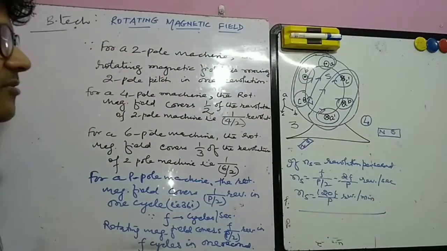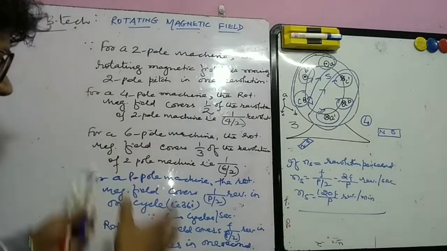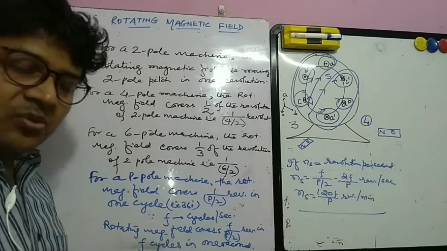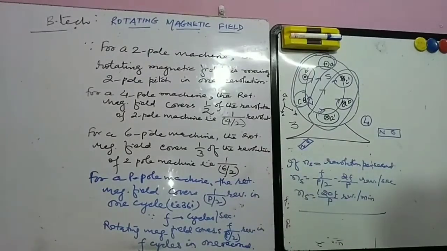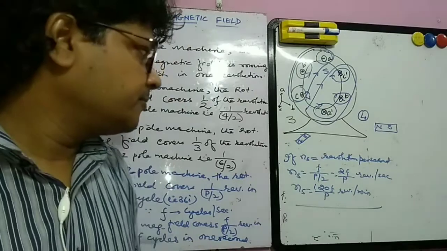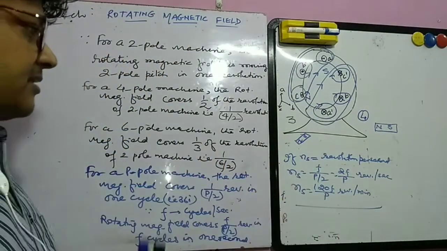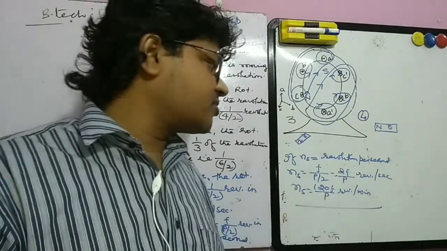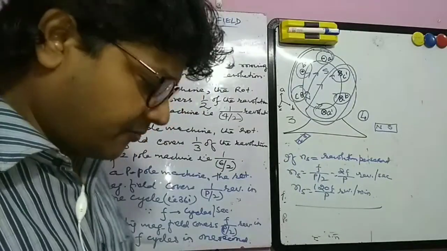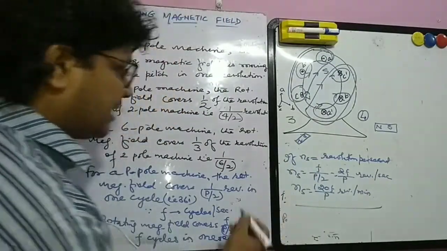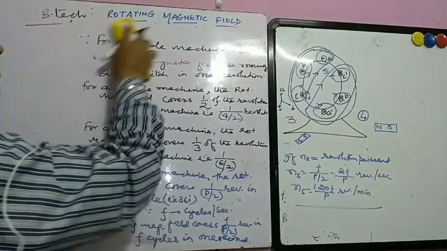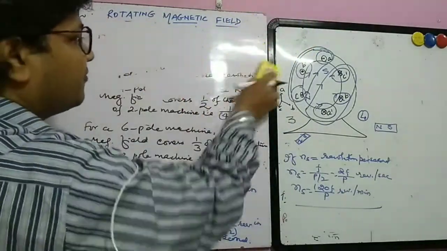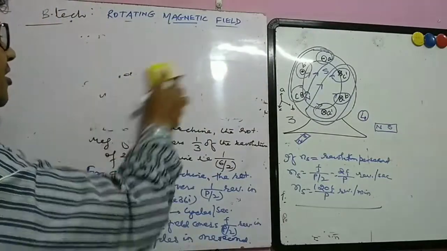So this is the expression of synchronous speed. By this way we can derive the expression of synchronous speed. I hope it is very clear to all of you. This ns is called synchronous speed, at which our three-phase rotating magnetic field revolves.